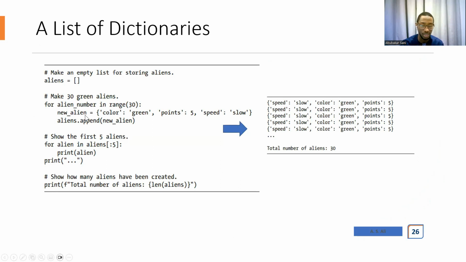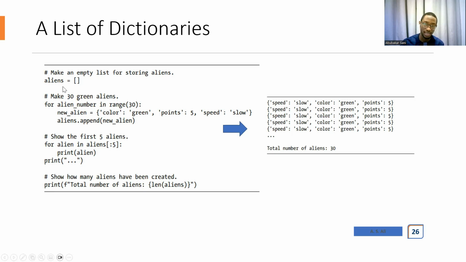So every alien that we are going to have is going to be a dictionary containing the color and the key of that alien, the points we're going to get if we maybe kill that alien, and then the speed of that particular alien. And we are going to add this to the list. So you can see here, maybe you are building a game, okay?